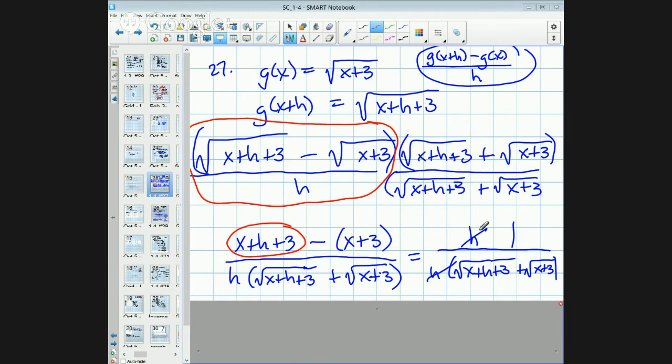And notice the h will beautifully cancel with the h that we had down there. Now, you may not like the answer. I mean, it's not real pretty, but that would be 1 over the square root of x plus h plus 3 plus the square root of x plus 3 would be our final result for the difference quotient.